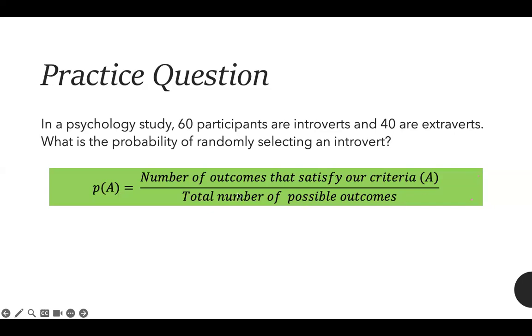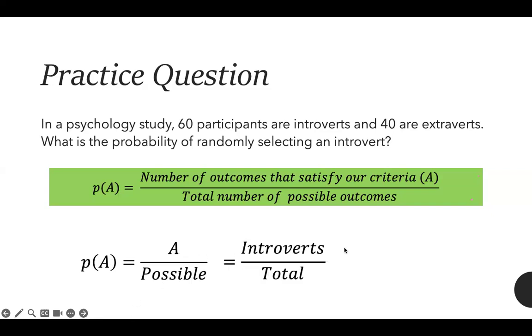And so our total number of possible outcomes is actually 100, because there's 100 people, and we're going to randomly select from those 100 people, and we're looking for, again, the introverts. So the probability of A is A over possible, which is just introverts over the total in this case. We can substitute in numbers for that.